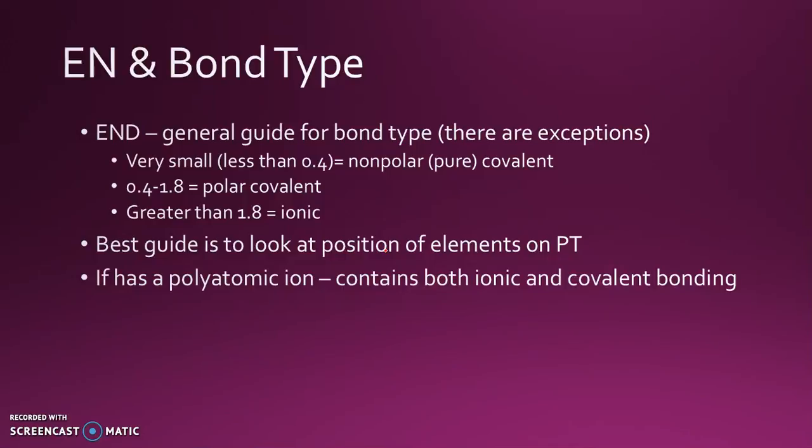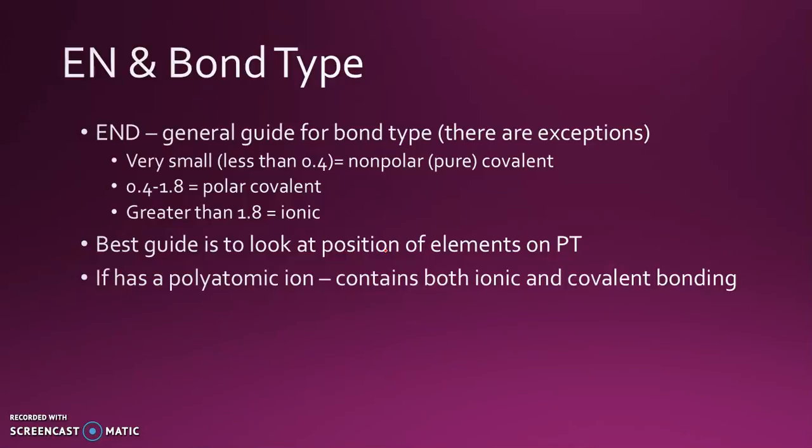And the best way to determine what type of compound you have is actually to look at the position of the elements on the periodic table. So if you have a metal with a nonmetal, it will be ionic. If you have multiple nonmetals together, it will be a covalent compound. If there is a polyatomic ion, it will contain both ionic and covalent bonding.